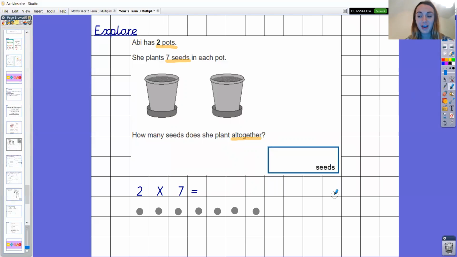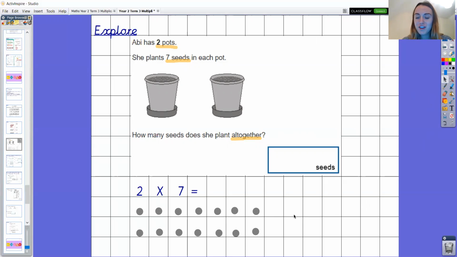So far we have drawn 1 row of 7, which shows 1 plant pot with 7 seeds, okay? So now we need to draw our second row to represent the second pot. So please count with me, Year 2. 1, 2, 3, 4, 5, 6, 7. Brilliant. So we have 2 rows of 7, 2 lots of 7.